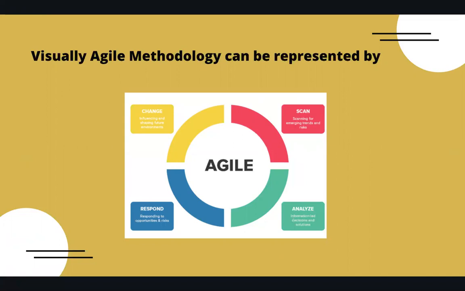And then lastly, you can make your changes to better the project, better the product at the end, and then that whole process continues. So at each stage, you are continuously scanning, analyzing, responding, and changing till you get to the final stage, which is the completion stage.